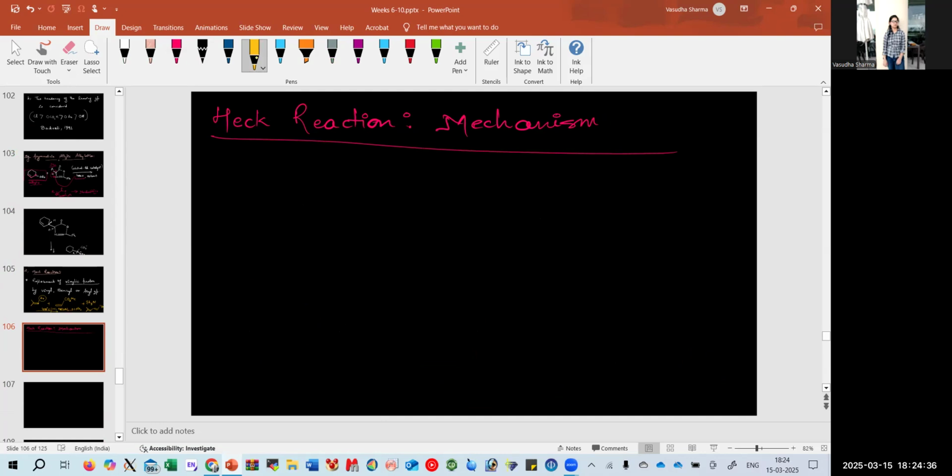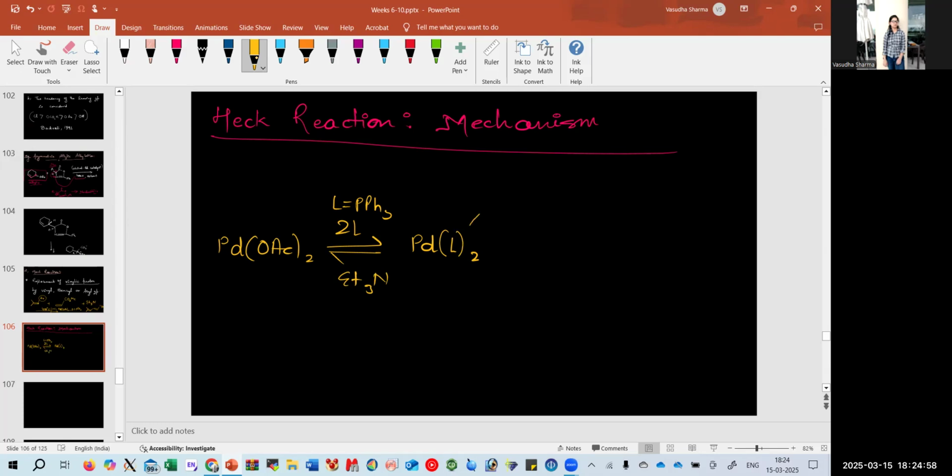So here, as I mentioned, we were using palladium acetate. It's a +2 oxidation state. It would convert to palladium 0, where it is using a phosphine, where your L is PPh3, in presence of base.